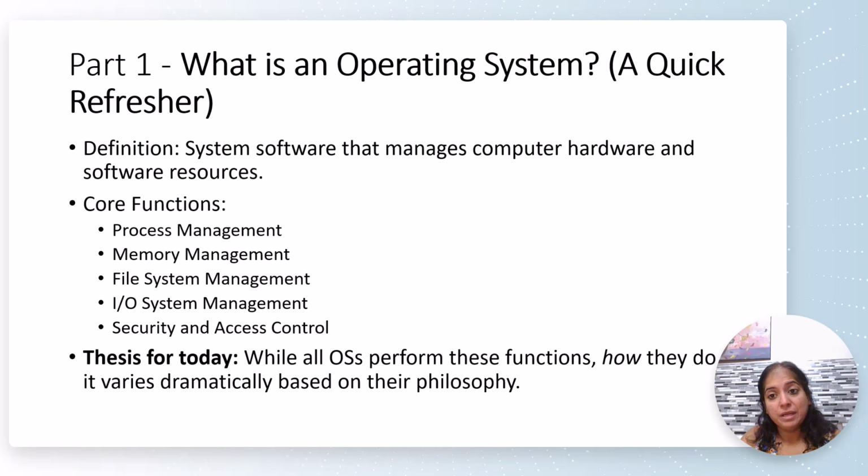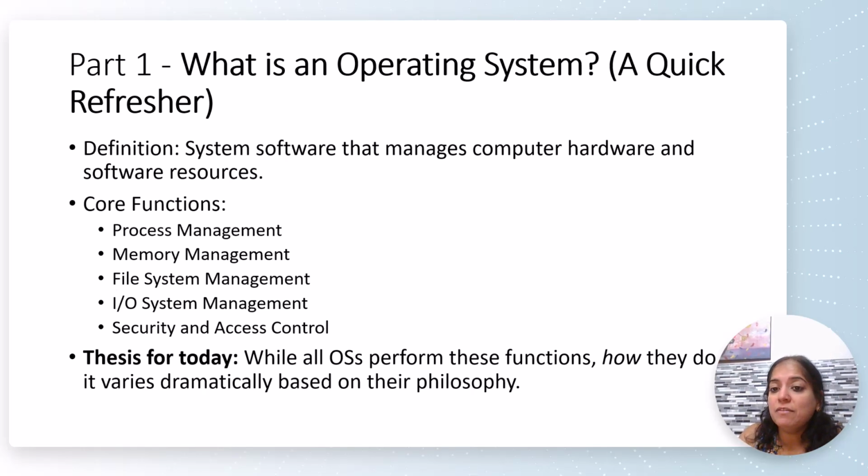Before we start comparing the operating systems, let's quickly recall what the universal job of an operating system is. As we have studied all semester, it's a resource manager, right? And it abstracts the messy hardware into a clean, manageable interface. Whether it's scheduling processes, managing memory, or handling files, all operating systems must perform these core functions.